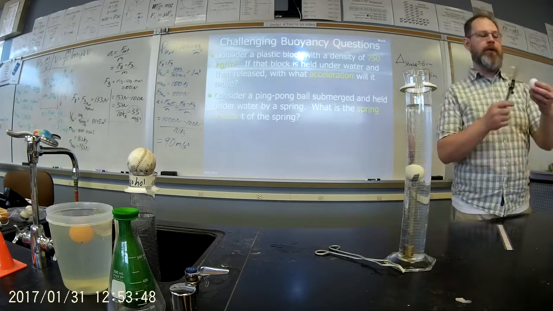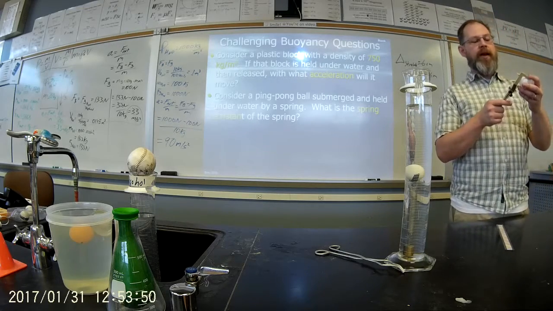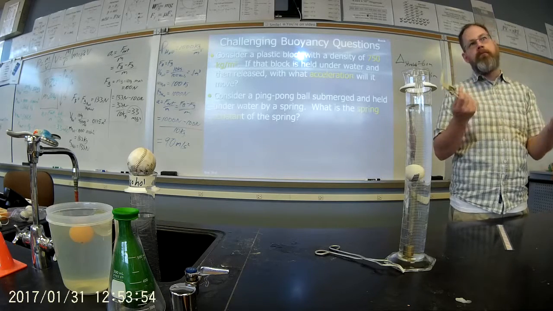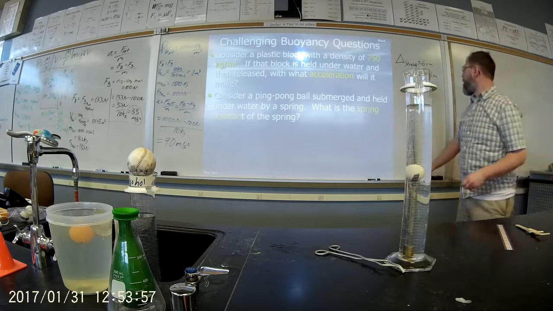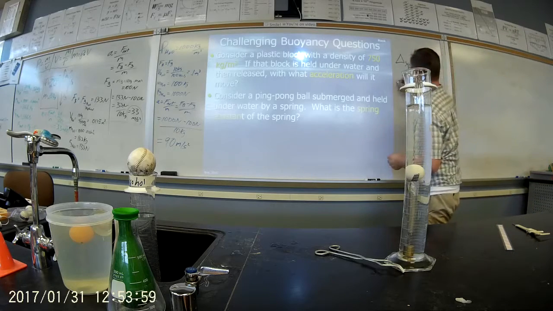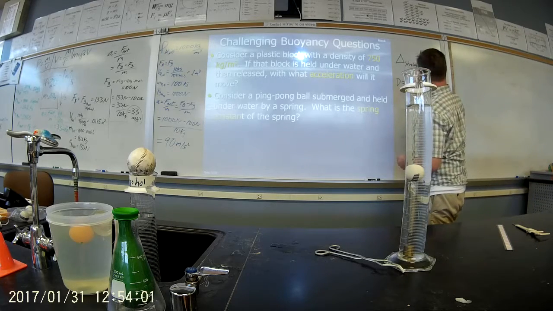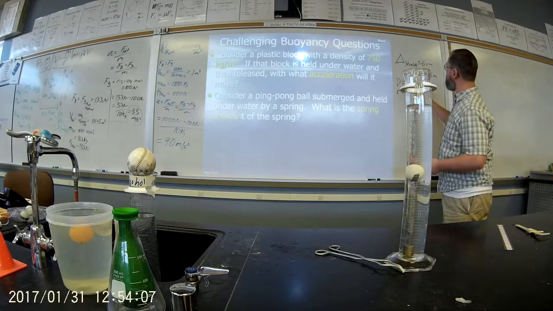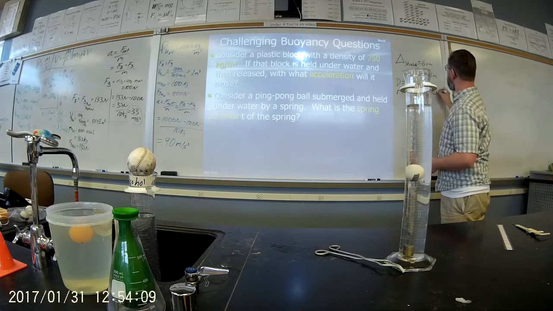The volume of the ping pong ball, which, assuming it's a regulation ping pong ball, the diameter is 40 millimeters. So the radius is what? 20 millimeters, or 0.020 meters.